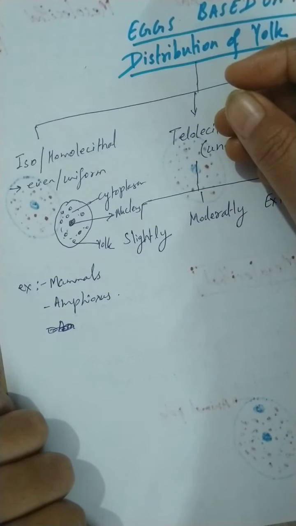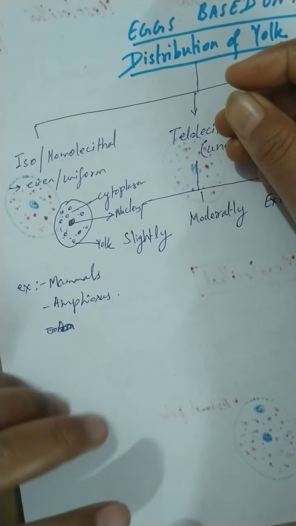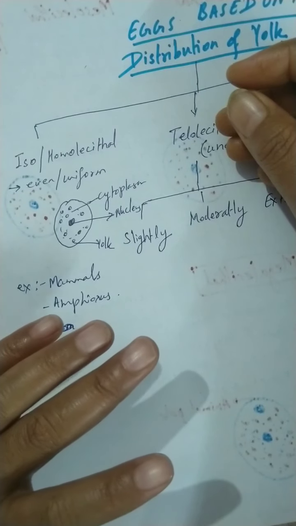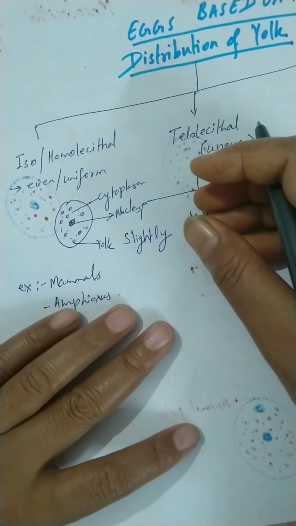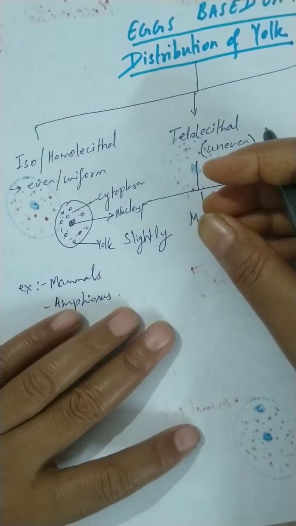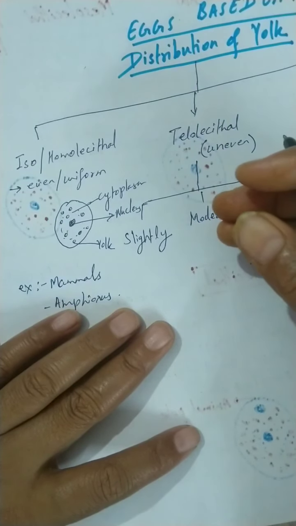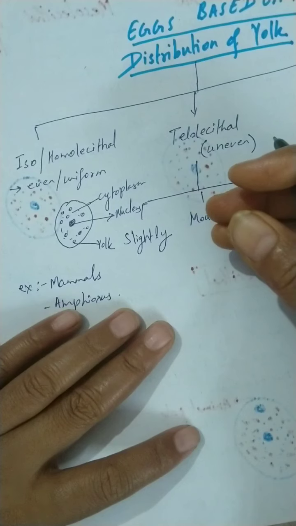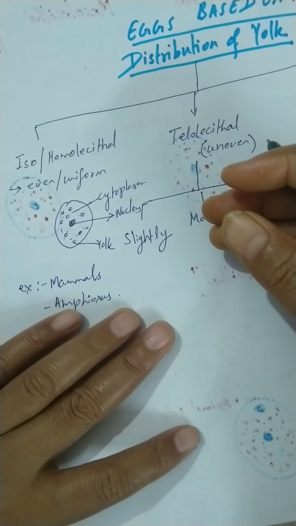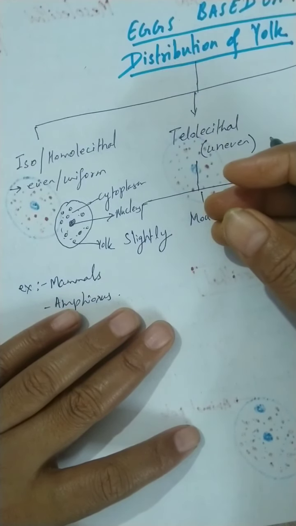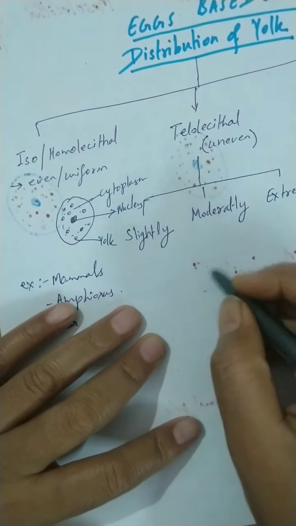In fact, in macrolecithal eggs, the amount of yolk is so massive that it occupies most of the space, and the active cytoplasm and germinal vesicle remain confined to a small cap at the animal pole.